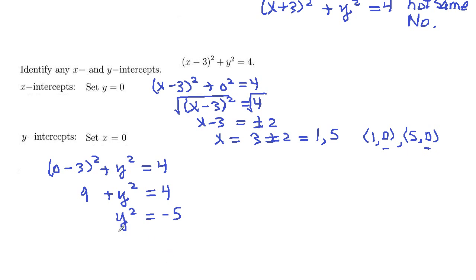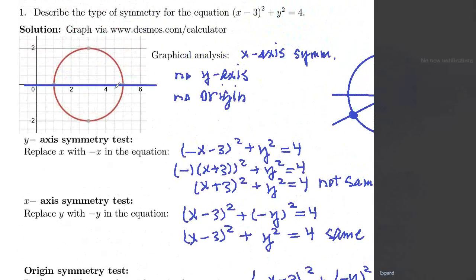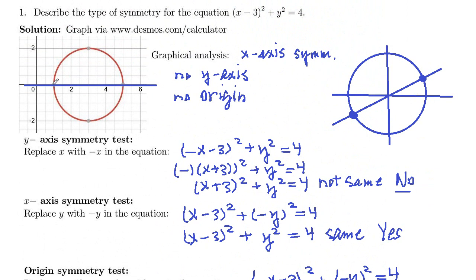And then if we take square roots and try to solve, we do not get real numbers. So this has no solution in real numbers. So that's the empty set, no solution. No y-intercepts here. And if you go back up and look at our graph here, we can see we've got those intercept points here at (1, 0) and (5, 0). But we don't hit the y-axis. No y-intercepts. So 2 x-intercepts, no y-intercepts.